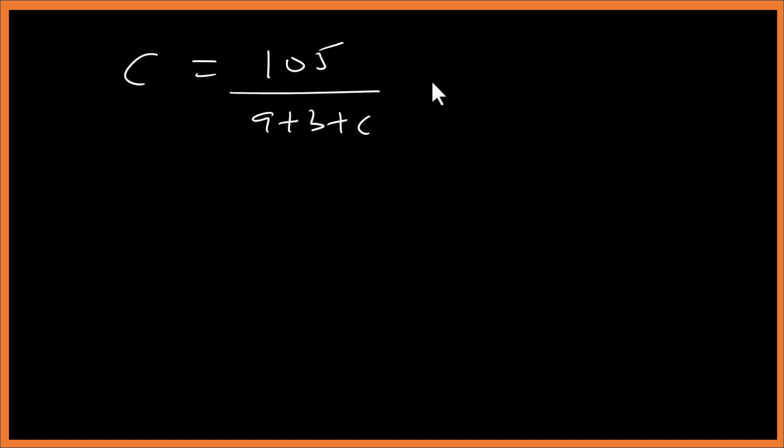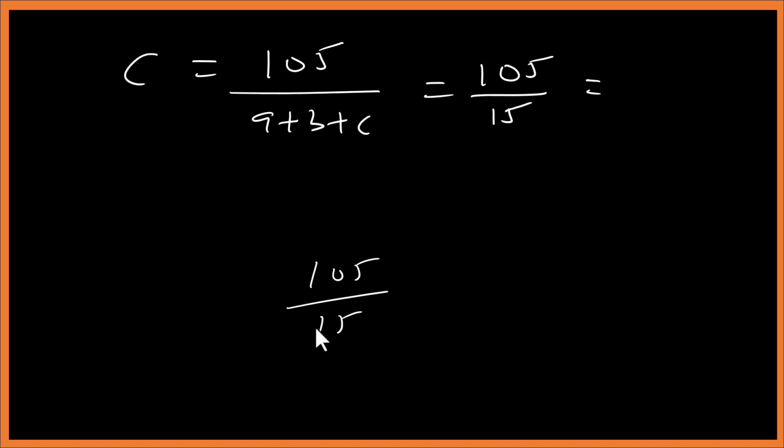So c is 105 over a plus b plus c, which is 105 over 15. So we have 7 here.